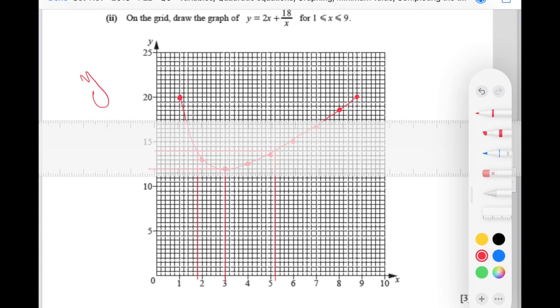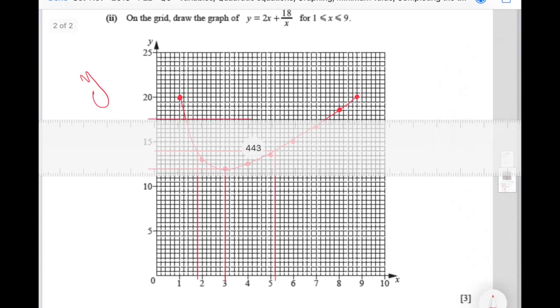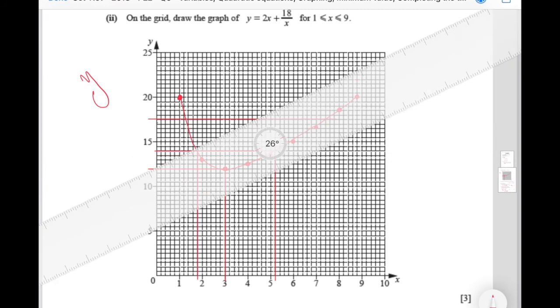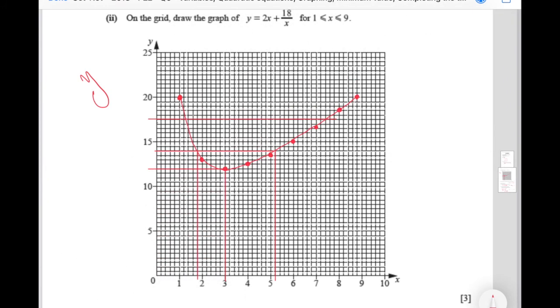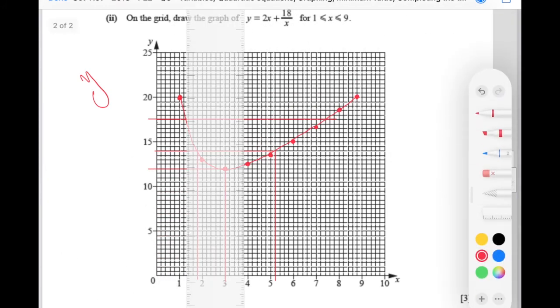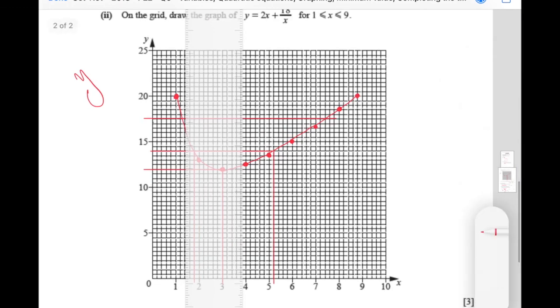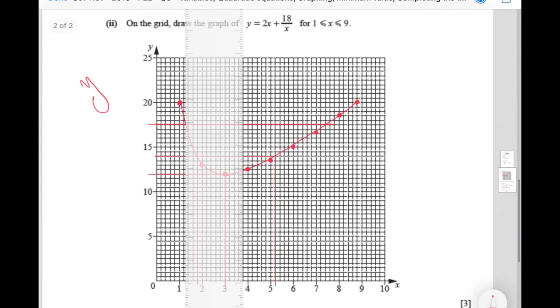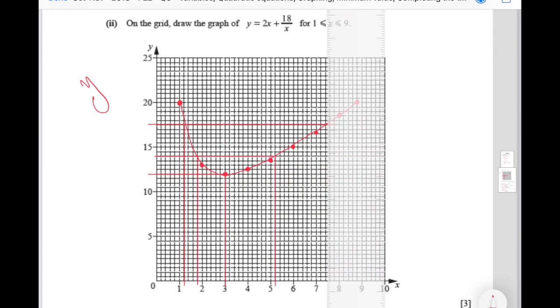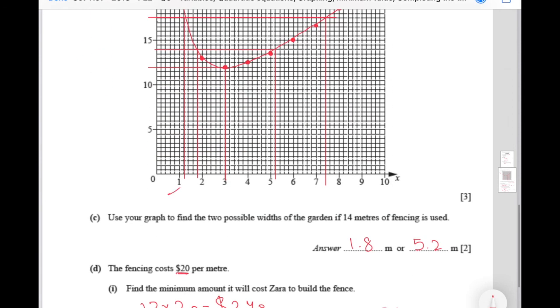So if we draw a straight line, this is one of the points of intersection, and this is the other point of intersection. So the width here is 1.2, which of course is less, but the width here is 7.4, which is the answer to this question.